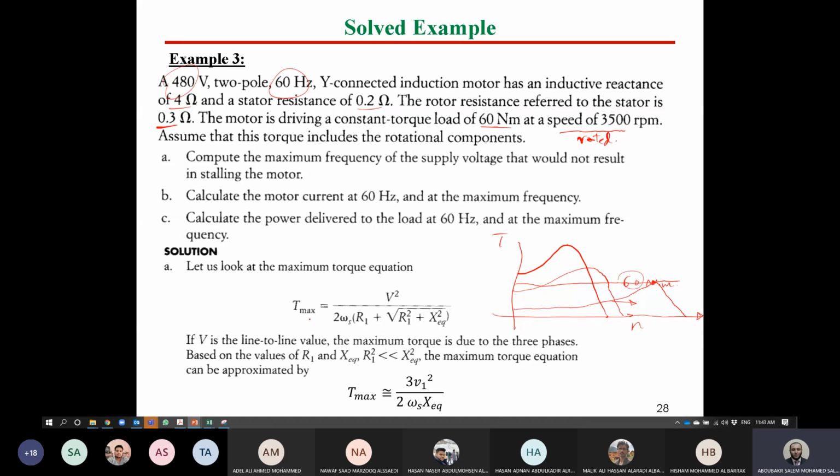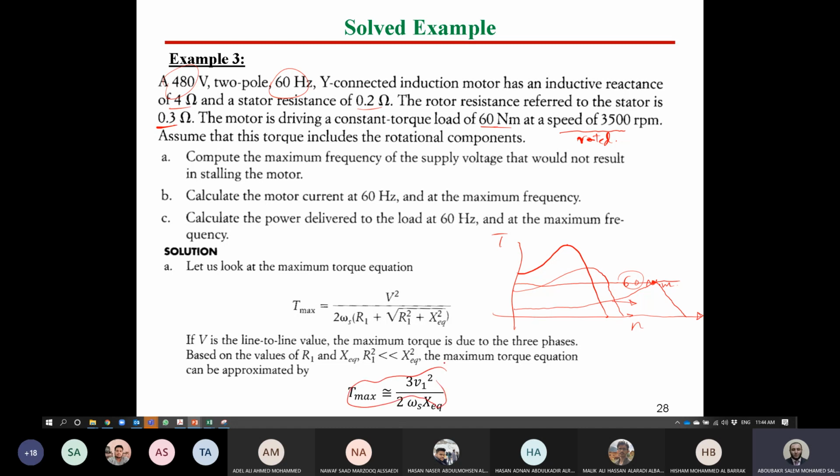You know the maximum torque equation, and by neglecting R1 compared to X equivalent, because R1 is smaller than X equivalent, we can make a small approximation here: T maximum equals 3V square over 2 omega S X equivalent.